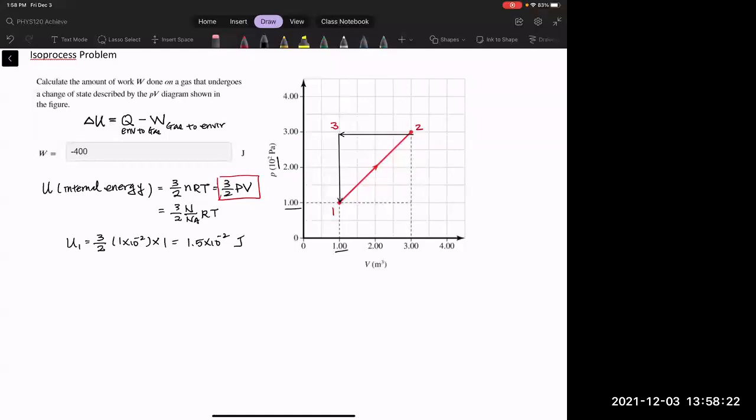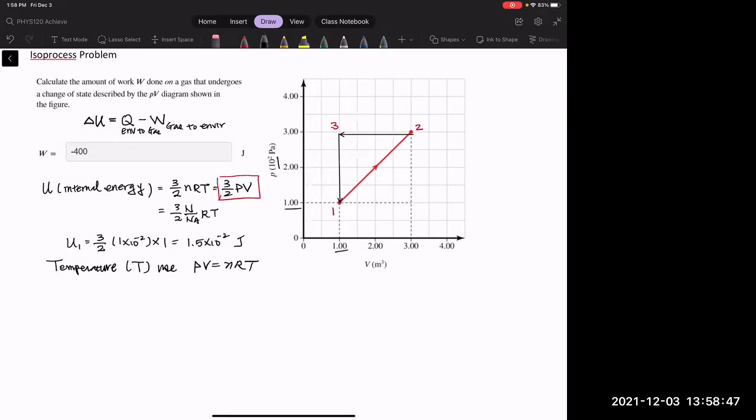So the next one that I ask you to do is to find temperature. How do we find temperature? If this one is an ideal gas, you can use the ideal gas law. Ideal gas law is PV equal to nRT.